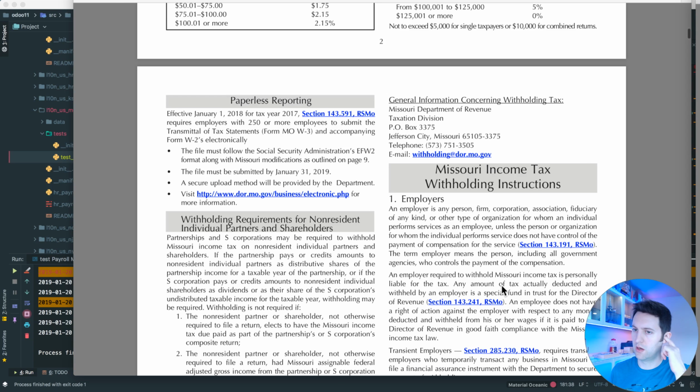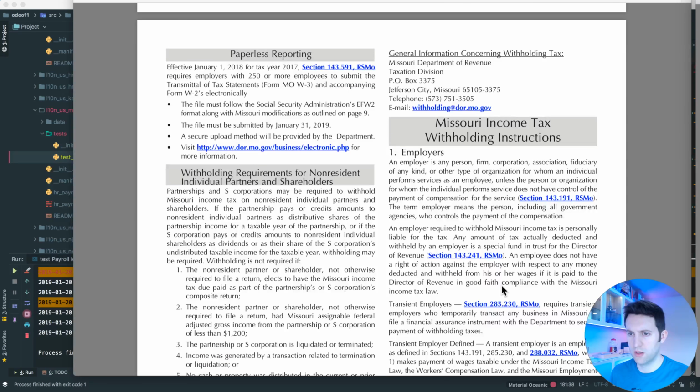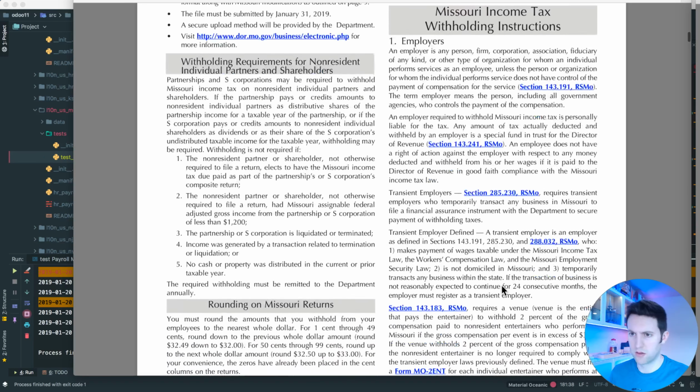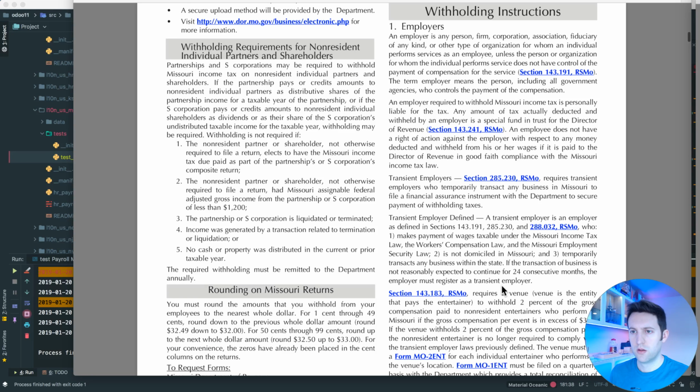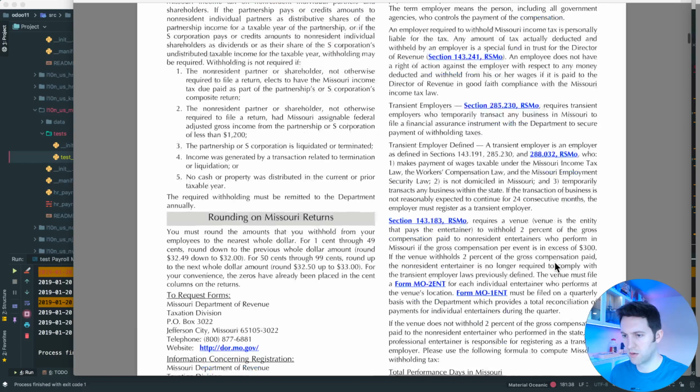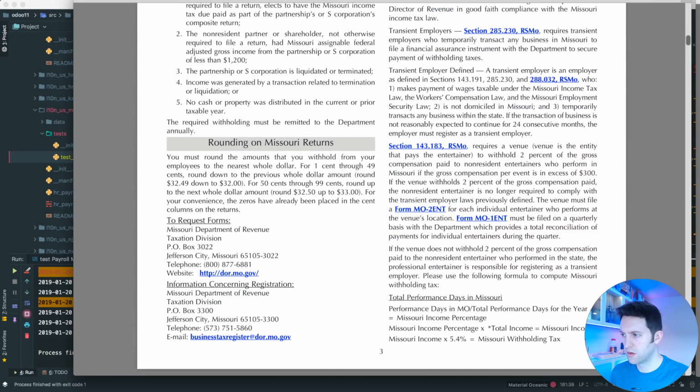Okay, so Missouri looks like if you have less than 250 employees, you can use the normal W-2s, it appears. It's hard to say. And the non-resident stuff appears to have stayed the same. The whole block seems to be the same. Rounding for Missouri returns.